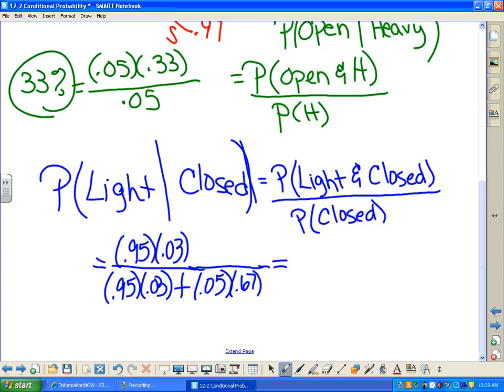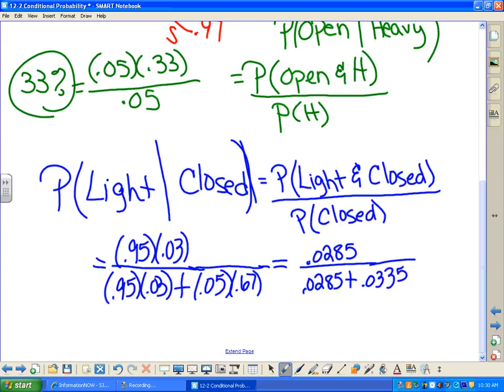Okay, now you need your calculators. And since I just made this one up, I'm going to need your help. So what's the top? What's the numerator? 0.95 times 0.03? 0.0285. So on the bottom, I'm going to have 0.0285 plus 0.0335.